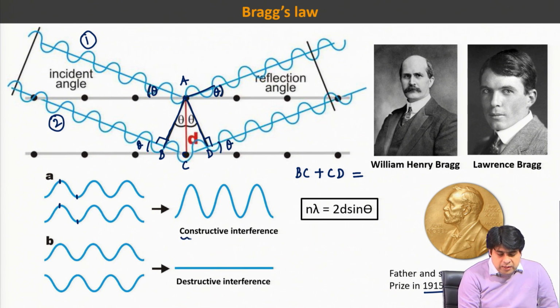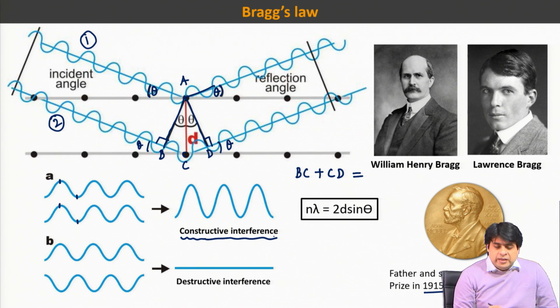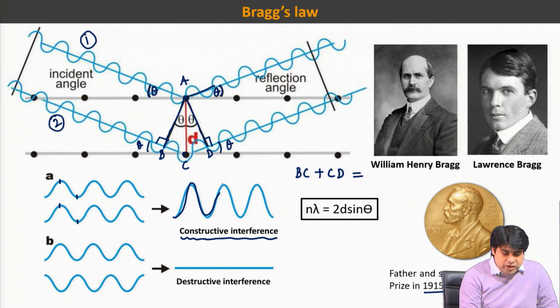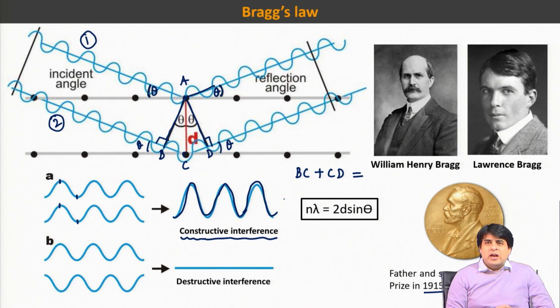You will have a constructive interference, and when there is constructive interference, you will have an amplification. The two X-rays will merge and there will be some kind of amplification.